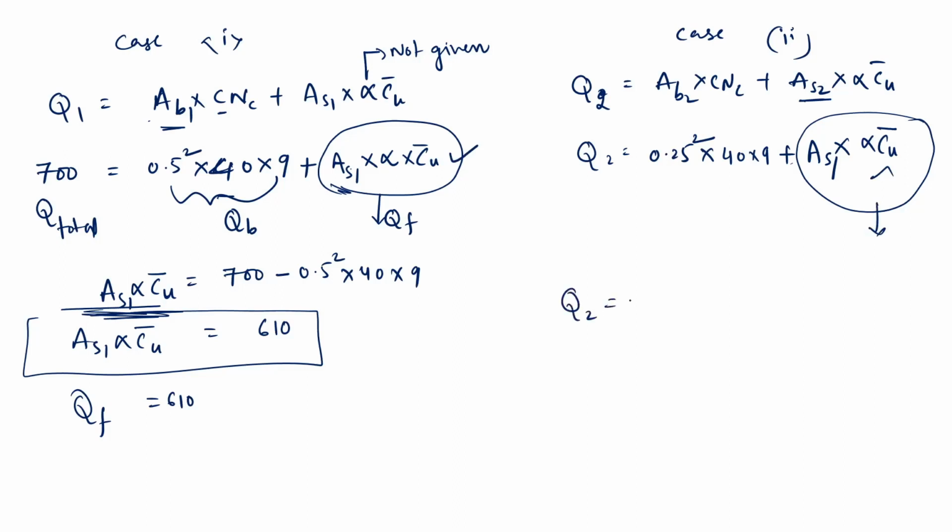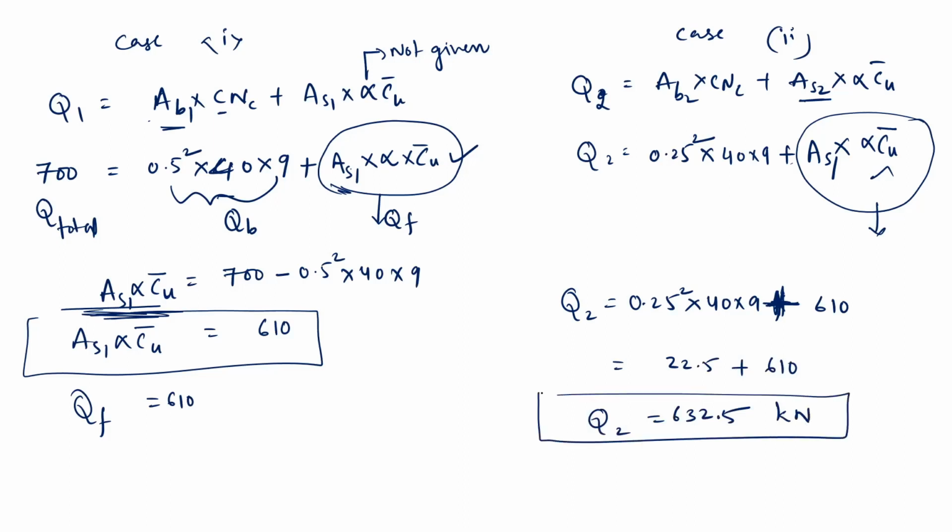So Q2 equal to 0.25 square into 40 into 9 plus 610. If you find that, 0.25 square into 40 into 9 is 22.5, plus 610 equal to 632.5 kilonewton.